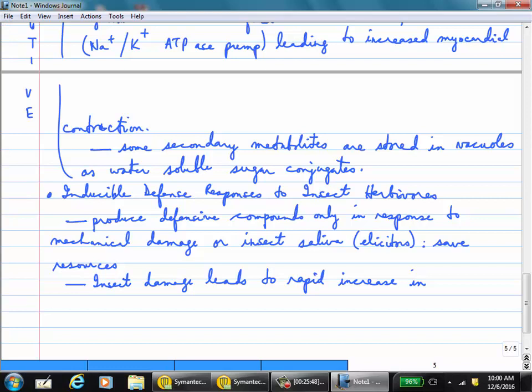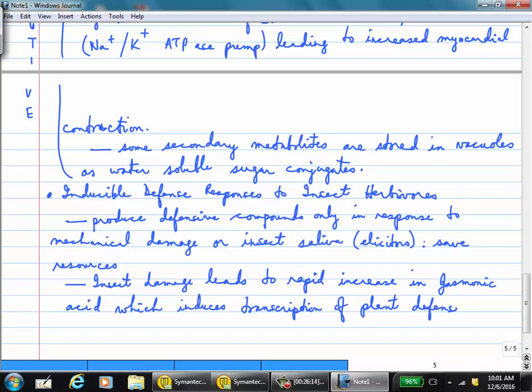So insect damage leads to rapid increase in jasmonic acid, which induces transcription of plant defense response genes.